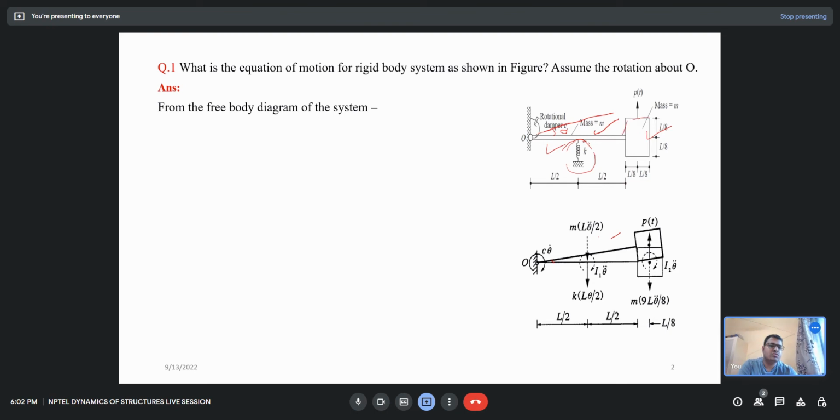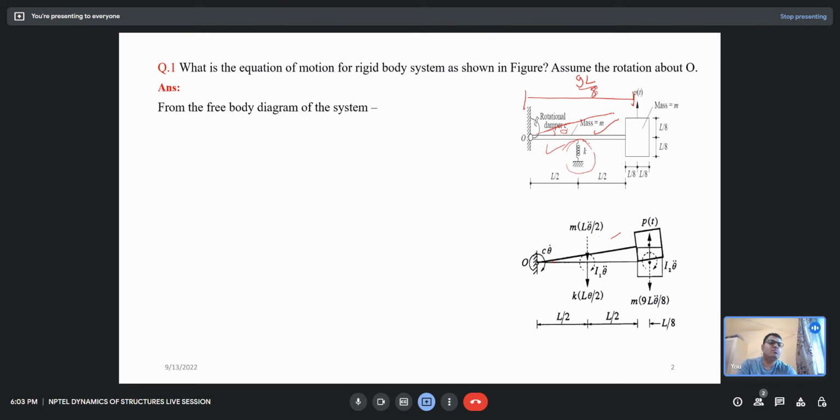That mass is also displaced from this position to this position, where we consider the center of this mass. The center of this mass from this is 9L by 8.